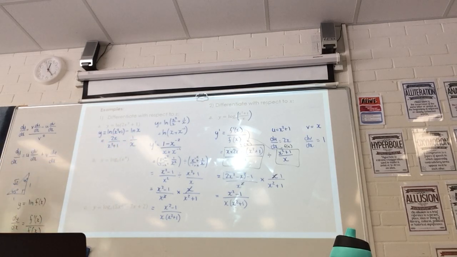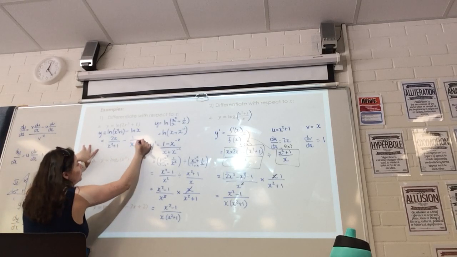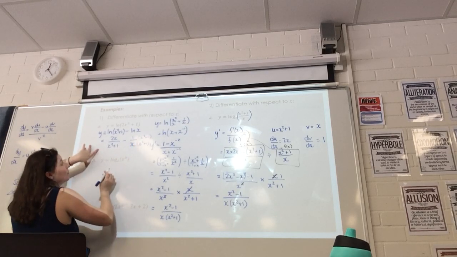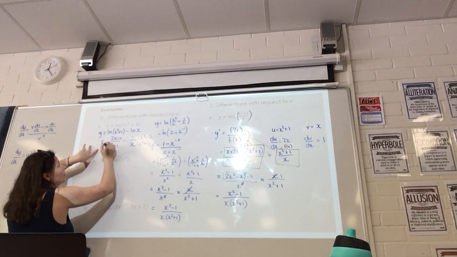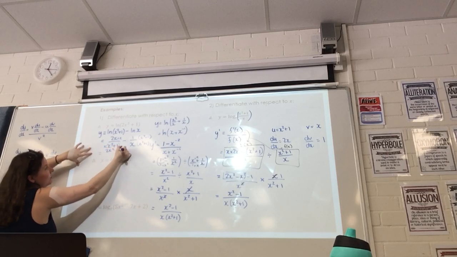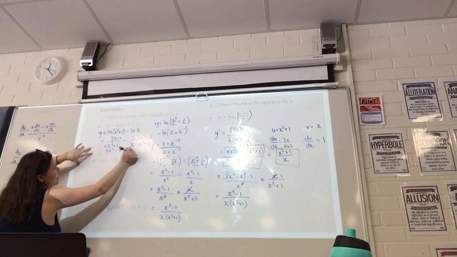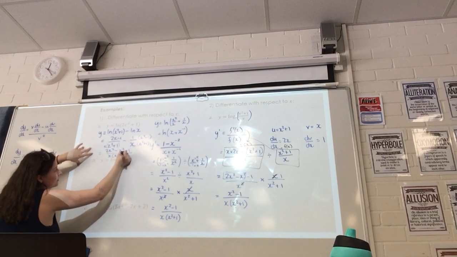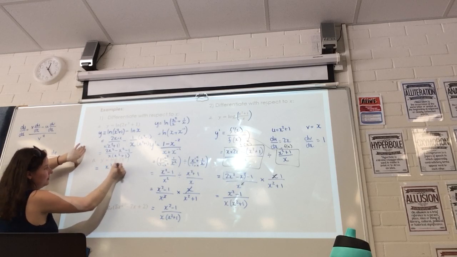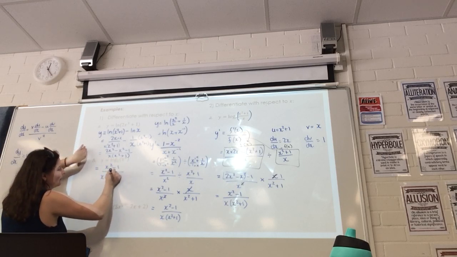I probably would make a common denominator here, but it's not very hard. And we'll get 2x squared minus x squared minus 1.